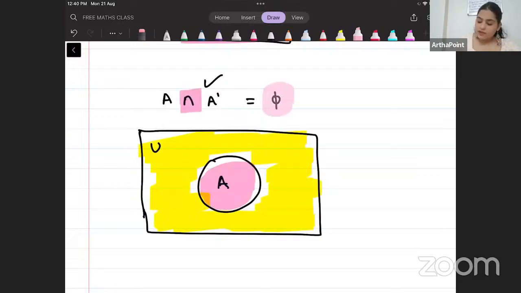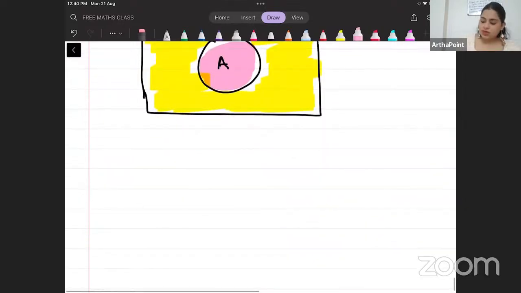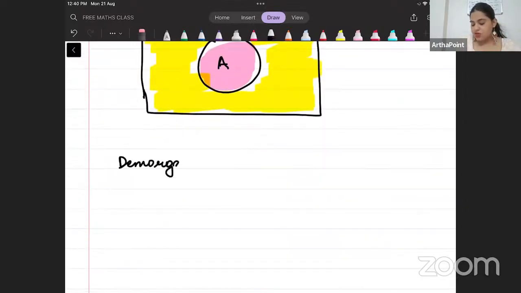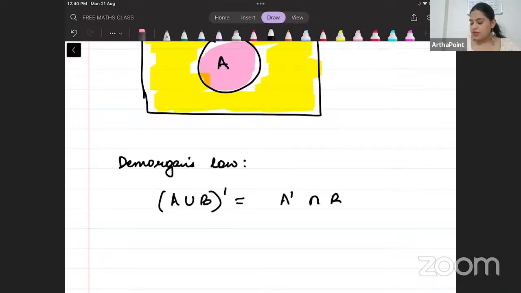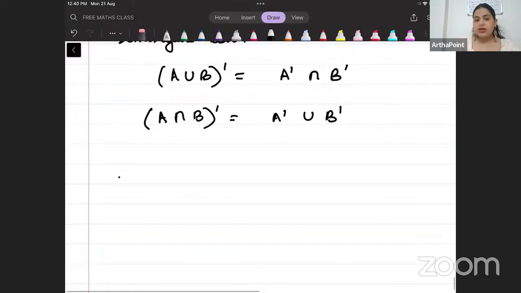So I will get the null set. De Morgan's law. I have just explained this. I am just writing this. (A union B) complement is A complement intersection B complement, and (A intersection B) complement is A complement union B complement. I have proved these. Next, beta, we have proved this too.